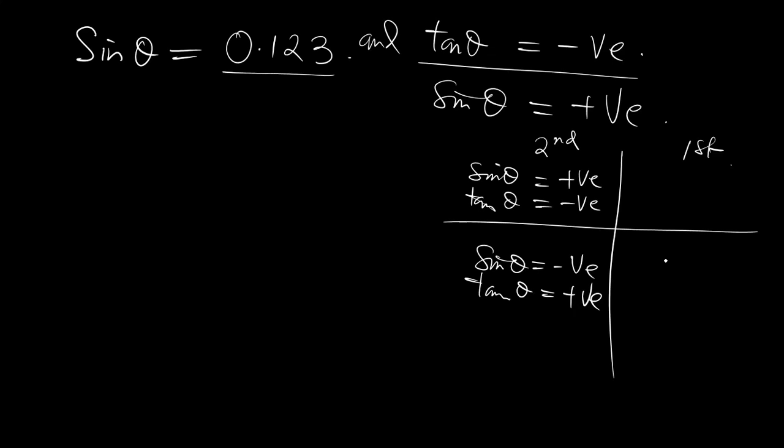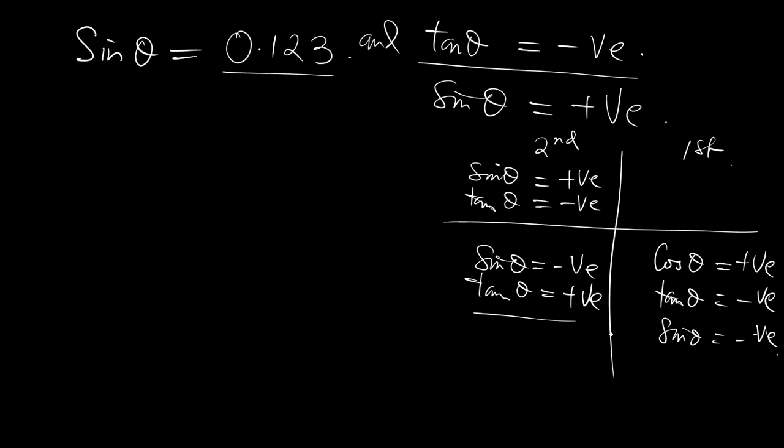While here, cos theta is positive, tan theta is negative, sine theta is negative. Here only tan theta is positive, while here only sine theta is positive. So the place where this condition is obeyed is in the second quadrant.